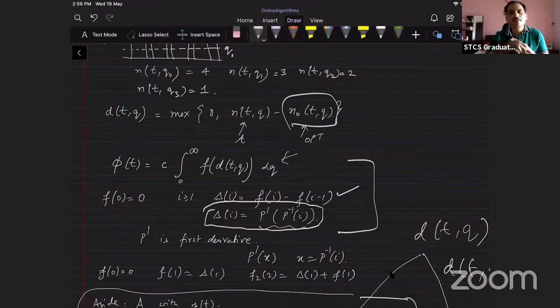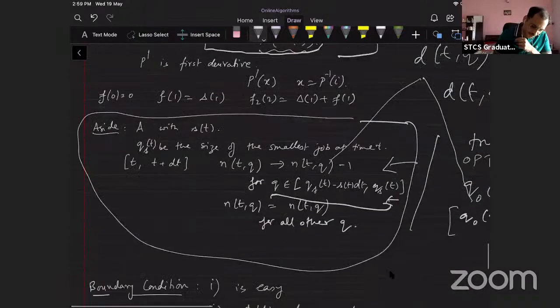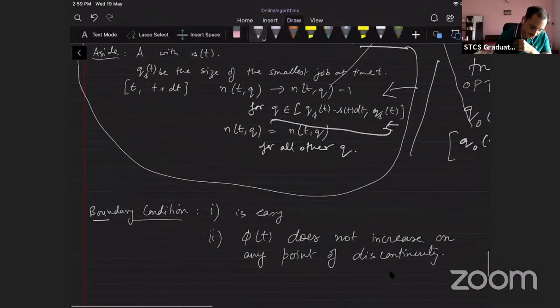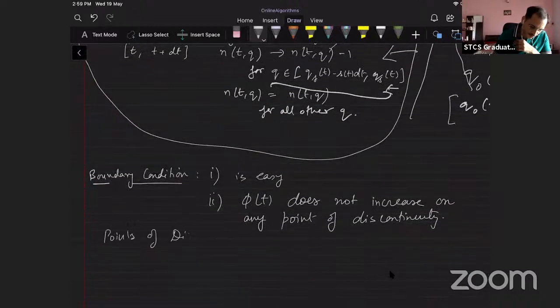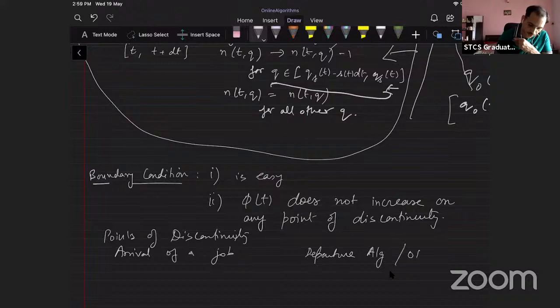Everywhere else, the algorithm as well as the OPT are just processing jobs, right? And that is not discontinuous. So the only discontinuous events are the arrival of a job or departure, which can happen differently for the algorithm and OPT.